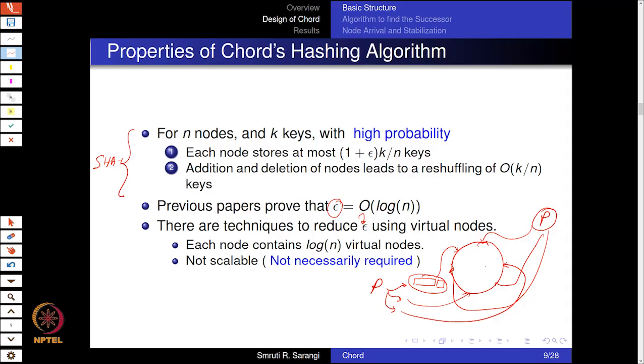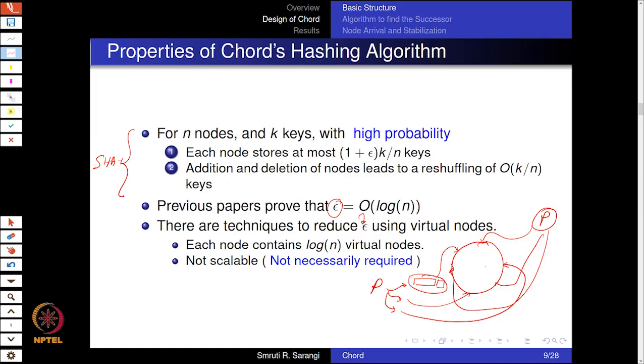So the benefit will be that the number of keys actually stored on a physical node is expected to be substantially more uniform and more homogeneous in comparison with other nodes, which is what we wanted, right? Of course, there are scalability issues because we are increasing the number of nodes substantially, log n times, so that is an issue.